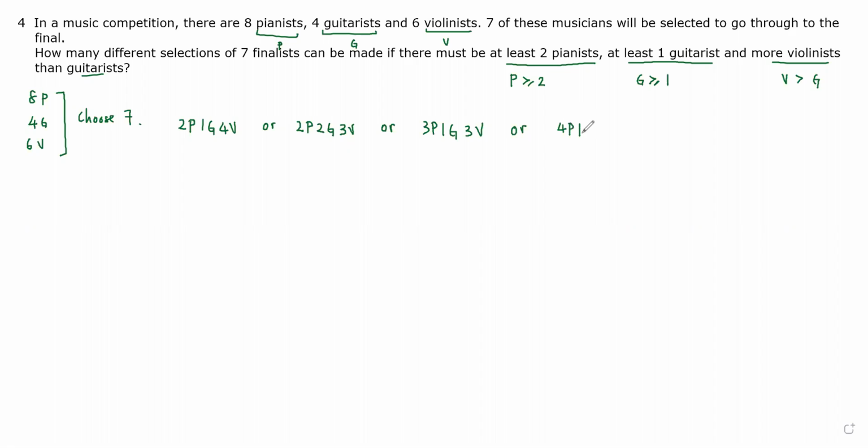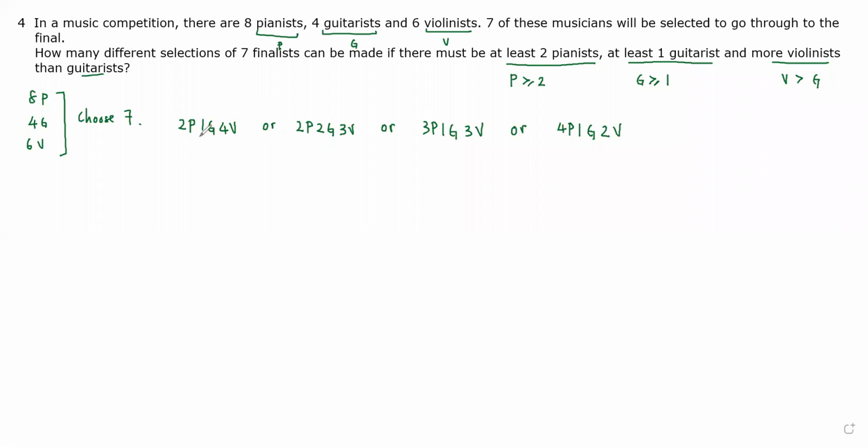So we have 4P, 1G, 5 of them. That means we must have 2V. And that would be the last of the valid selection. The rest will not satisfy the third condition, where the number of V is greater than the number of G. Okay, these are all the possibilities that we have.